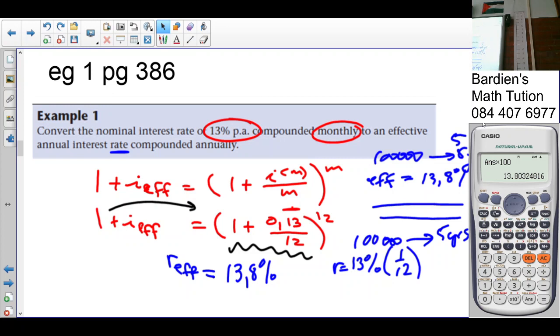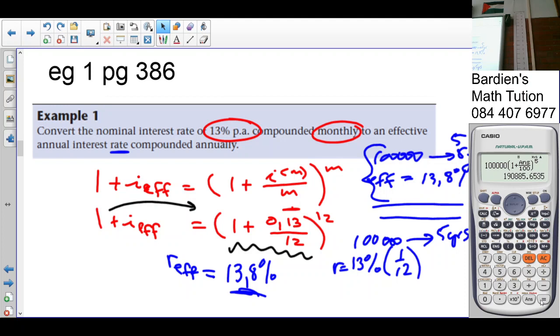Let's go with the effective interest rate first, because I have this answer on the calculator. So let's see what we get. We say 100,000 rand into 1 plus the interest rate over 100, that's the last calculation, calculated here, over 100, to the exponent 5 years.